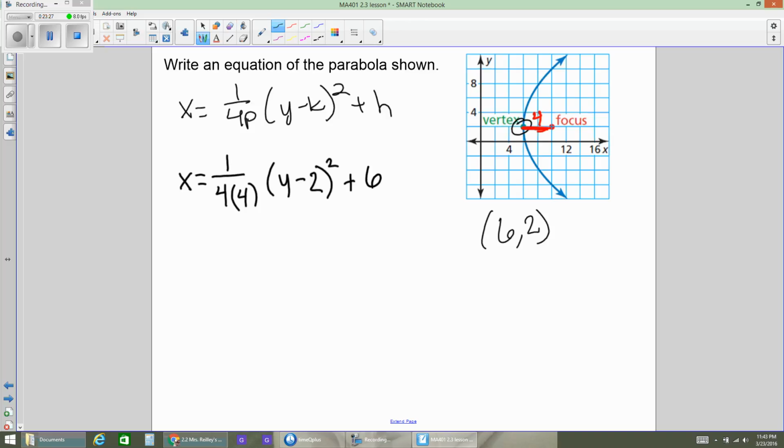It's 6. Okay, now all we have to do is simplify, and I get x equals 1/16 times the quantity y minus 2 squared plus 6. Not too tricky, as long as you remember that the y's and k's stick together, the x's and the h's stick together.